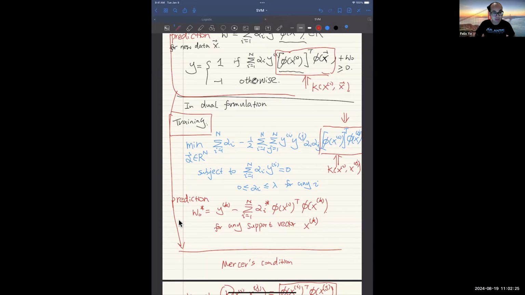We could use this formulation of the matrix to help us solve this problem easily. Okay, so let's see how we actually implement everything from scratch.